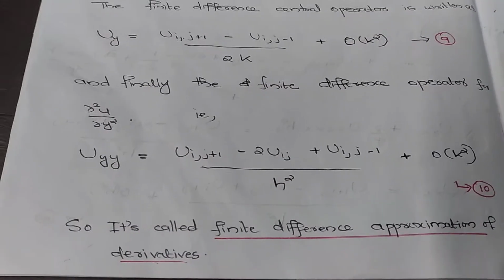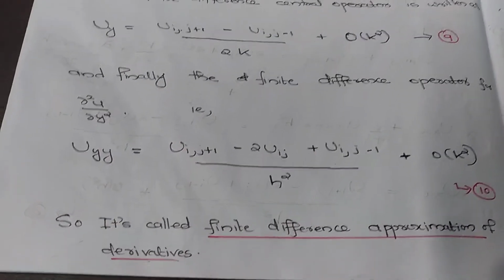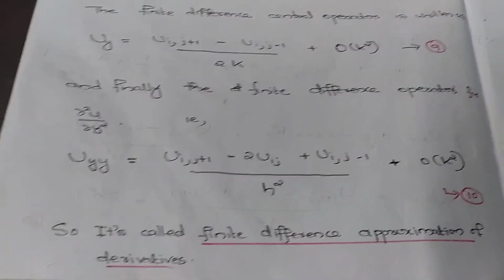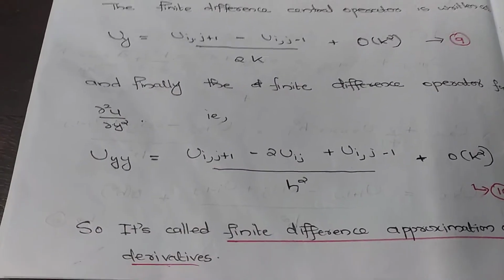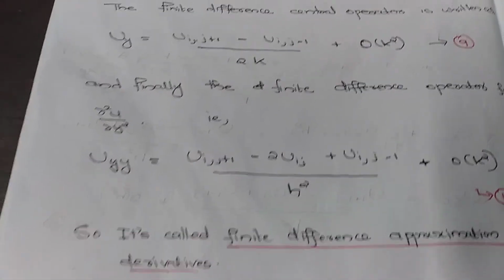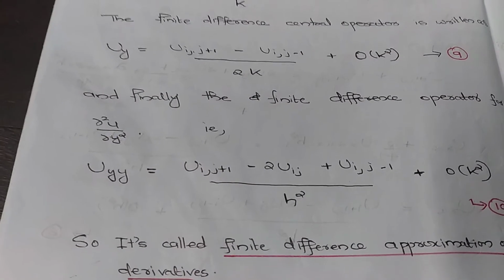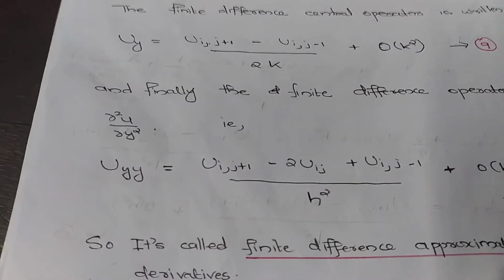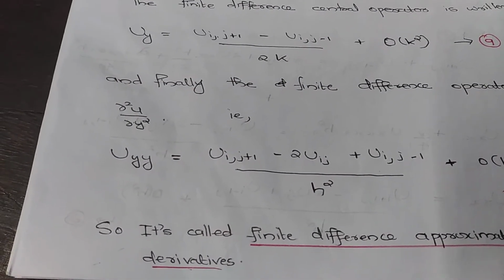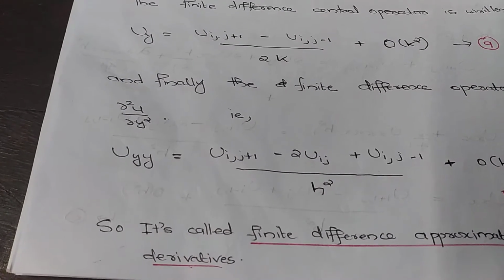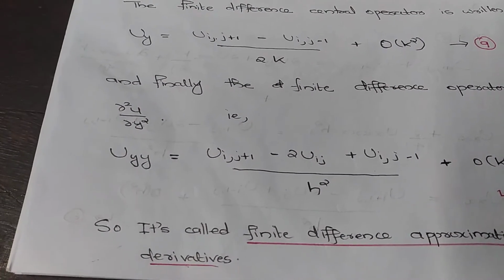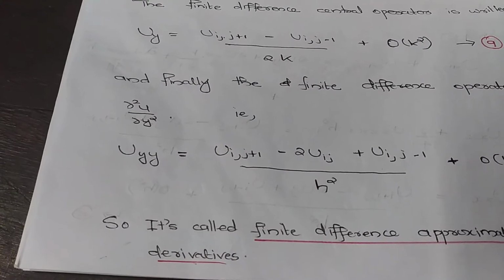So we got the equations. Now we have to calculate the standard 5-point formula for an equation. In order to get the standard 5-point formula, we consider the Laplace equation as an example. We know that del square u is equal to 0 is the Laplace equation, or del square t is equal to 0 is the Laplace equation.